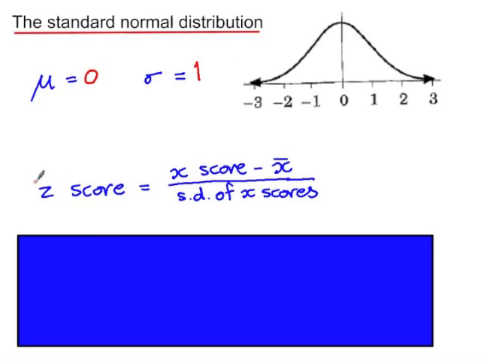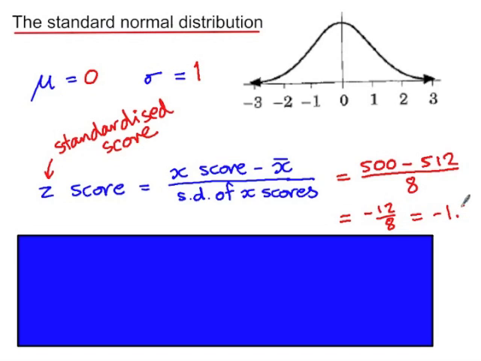And we can calculate the z-score, or the standardized score, by subtracting the mean and dividing by the standard deviation of the scores. In our cereal box example, the standardized score for 500 grams is negative 1.5. In other words, the z-score tells us how many standard deviations our score is above or below the mean.